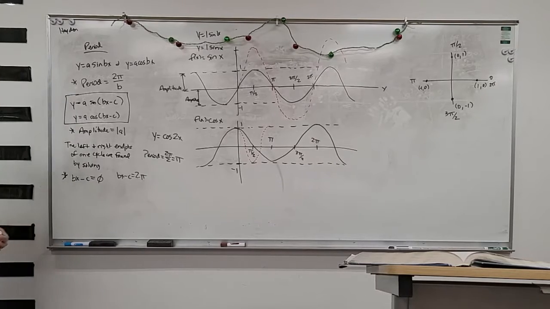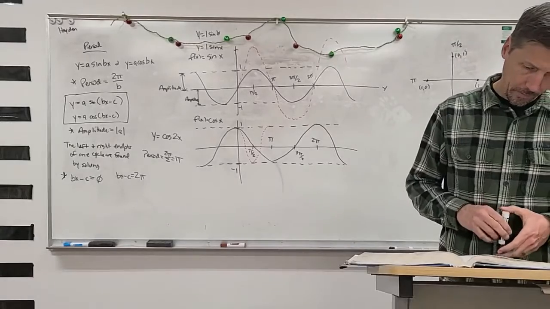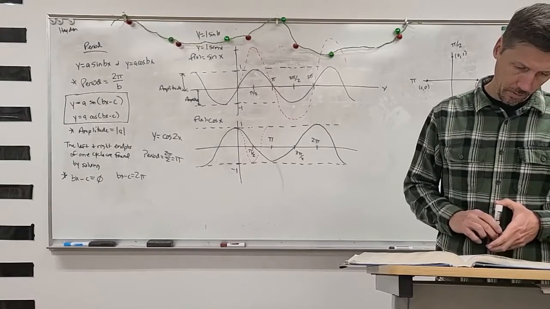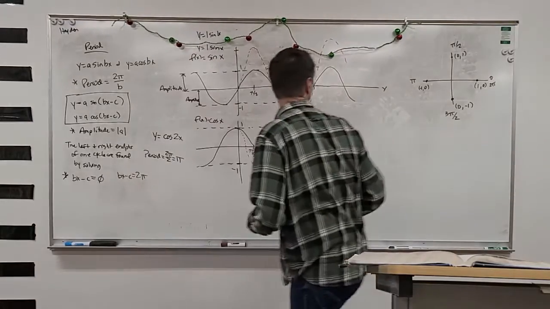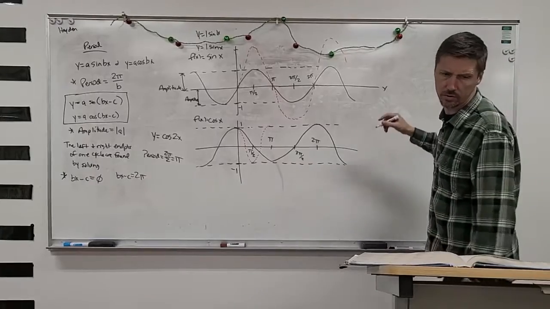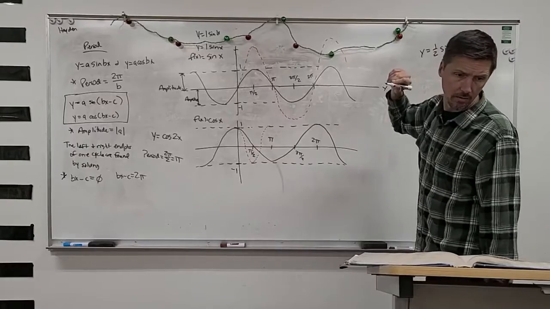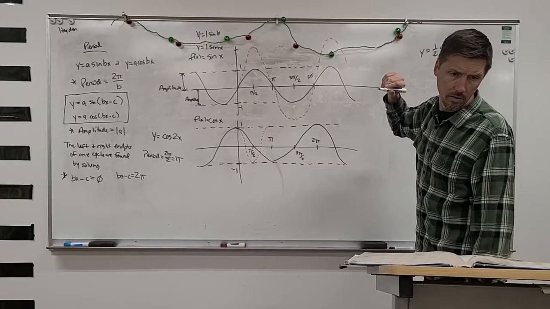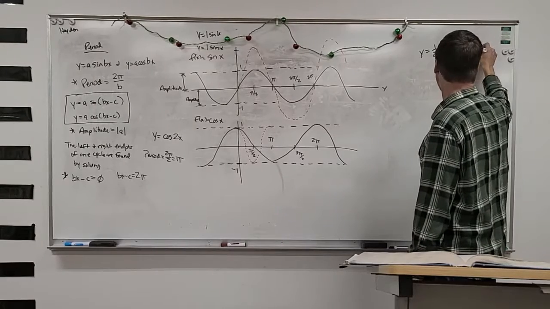So by solving that equation, what's an example they have here? In the book, the example they do is y equals 1/2 sine of x minus pi over 3.